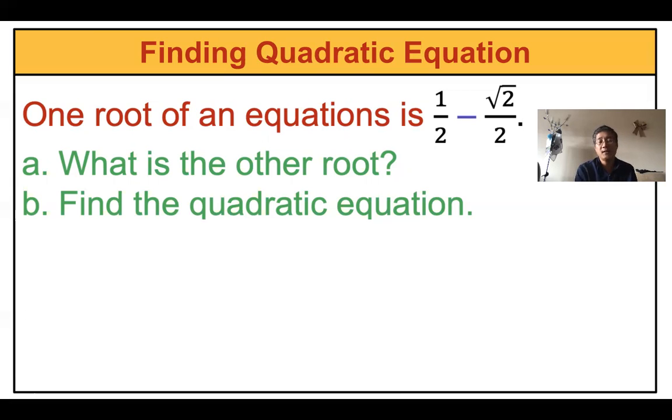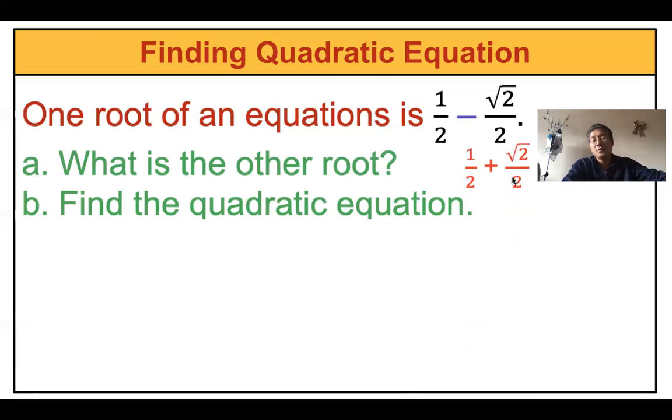Instead of a plus bi, now it's a plus b square root of something, right? If this one is a minus, then the other will be plus, with the same square root. So a minus b square root of something goes with a plus. For example, 1/2 plus square root 2 over 2.